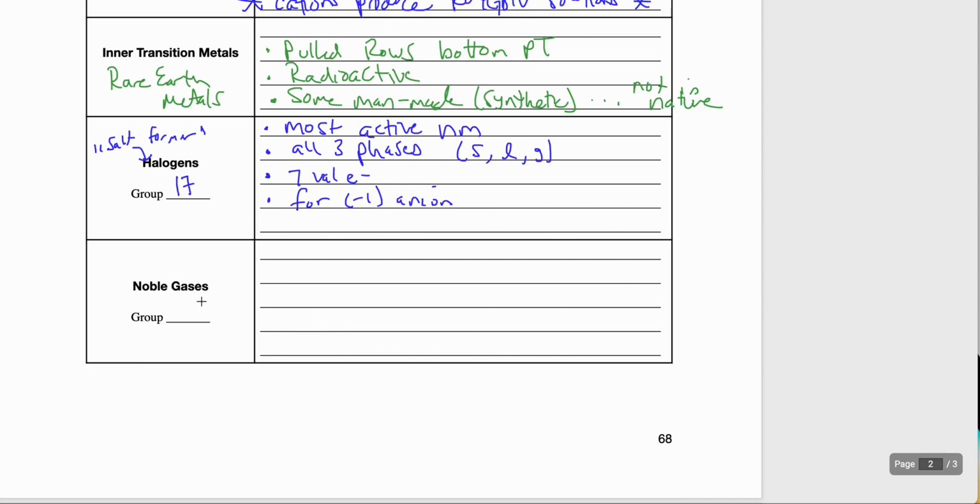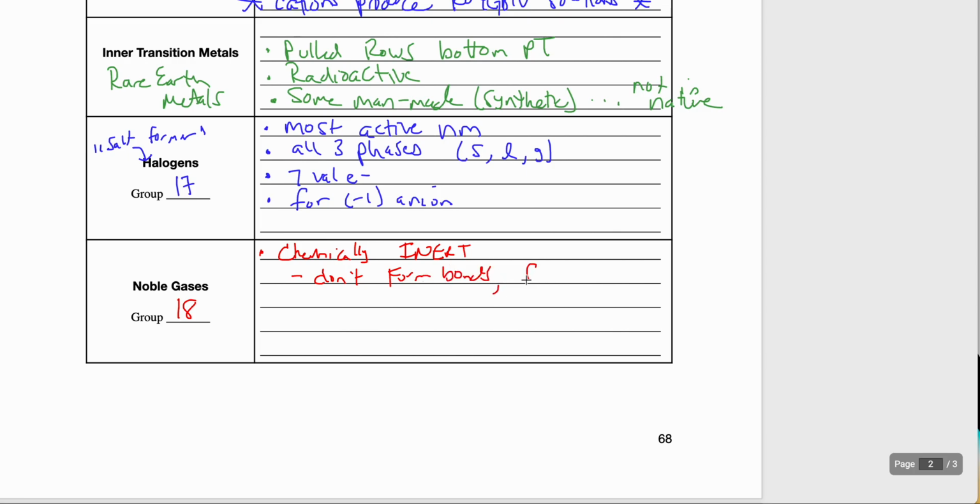Our last group is group 18, the noble gases. Okay, so these guys are chemically inert. So these guys, they don't form bonds. So they don't want to be in a compound.